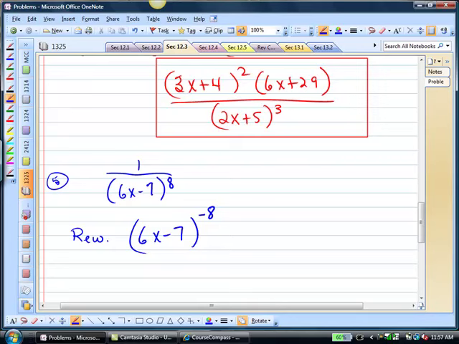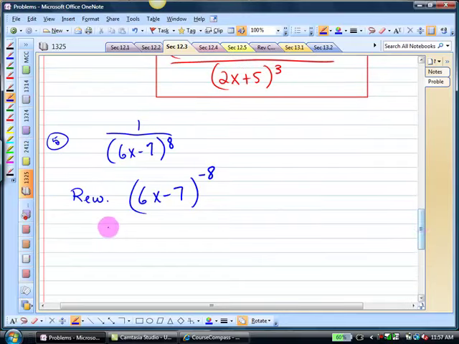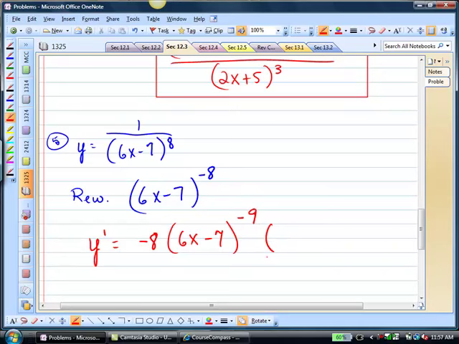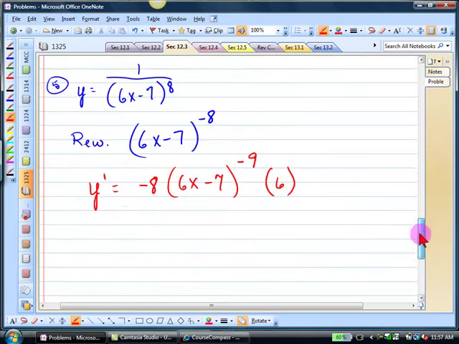Okay, so the derivative of that would be what? I think this is y prime equals negative 8 times 6x minus 7 to the negative 9 times what? 6. And then negative 48 times 6x minus 7 to the negative 9.